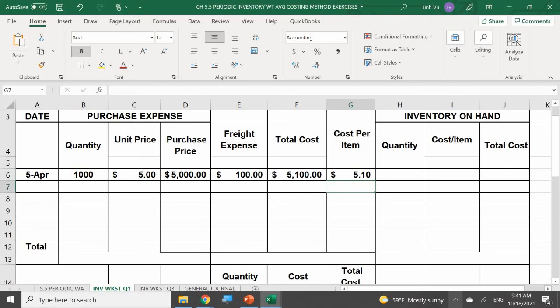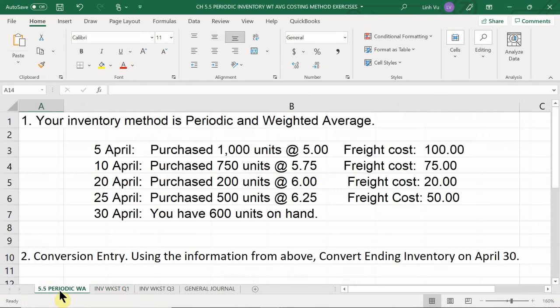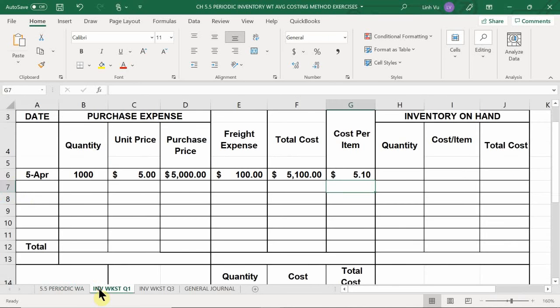Okay. Let's see what's next. April 10, we purchased 750 units at $5.75 each with a freight of 75.